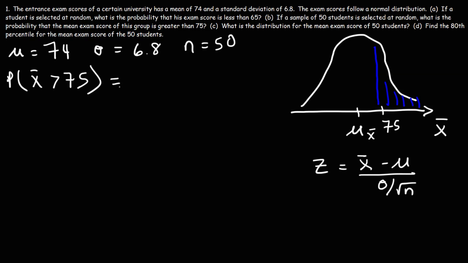So first, to get the probability or the area to the right, it's going to be 1 minus the probability that x bar is less than 75. Because the z table gives us the area to the left. So we have to find the complement of that value.